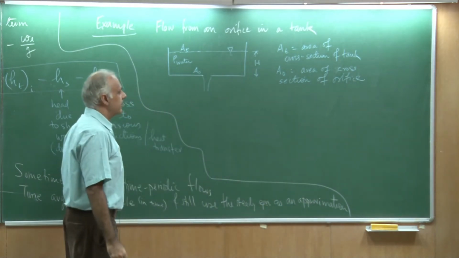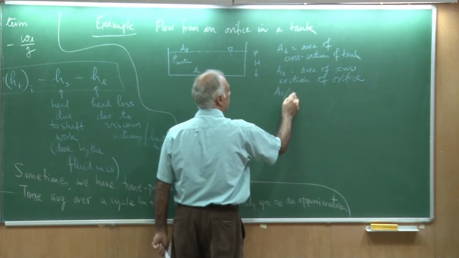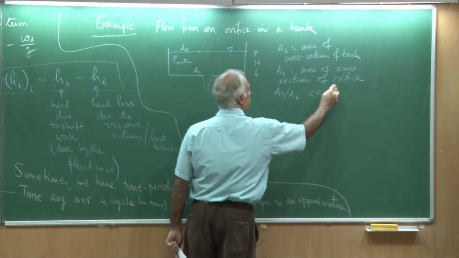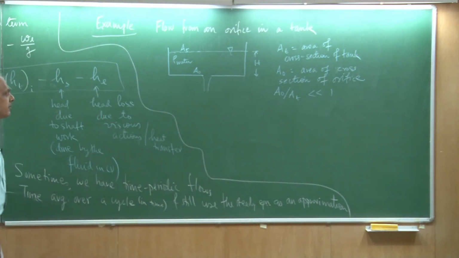We are going to assume that A naught by AT is very small. So it's a small orifice compared to the diameter of the tank.